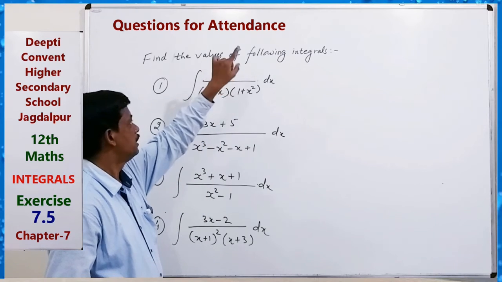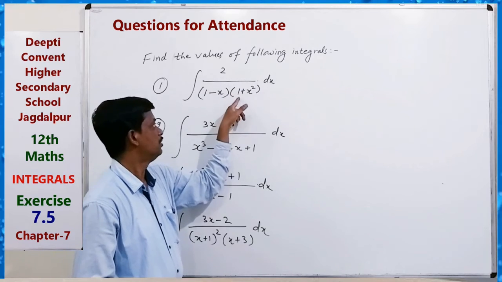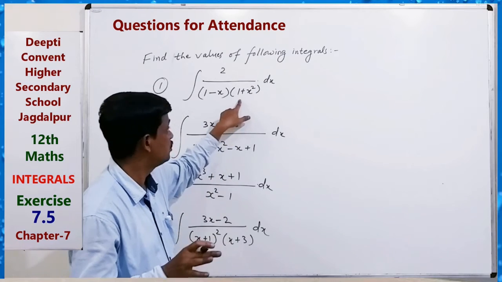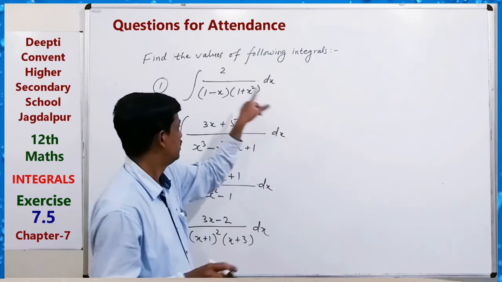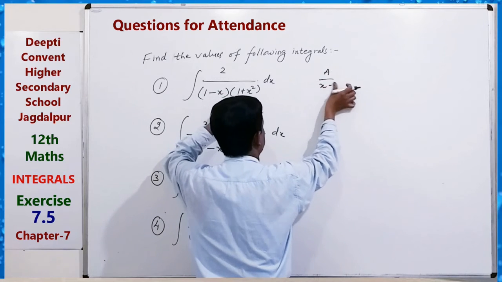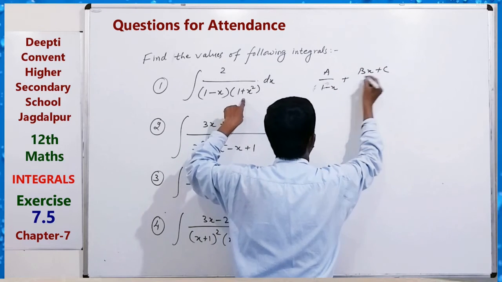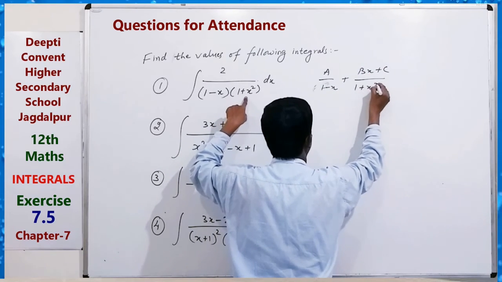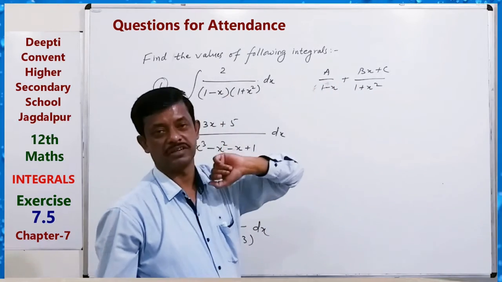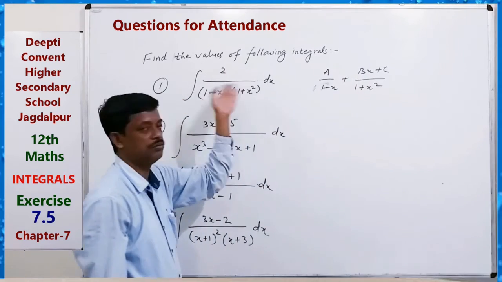This is equal to A upon 1 minus x, the first linear factor, plus, not B, because x square plus 1 cannot be factorized into real factors, so Bx plus C upon 1 plus x square. You have to write this equal to this for partial fractions. So find A, B, C and then put them here and solve it.